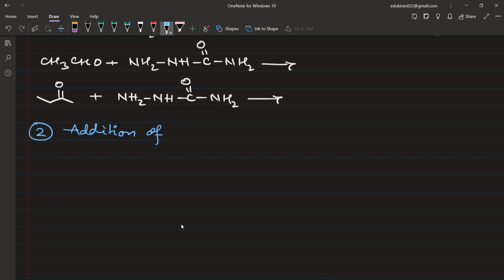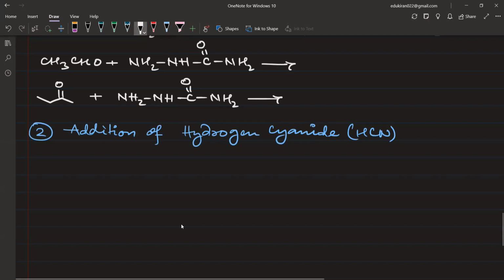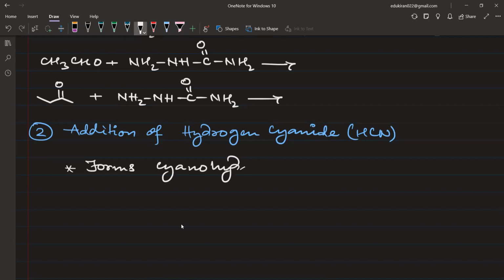Addition of hydrogen cyanide, HCN. It forms cyanohydrin. It forms cyanohydrin. Right, next.